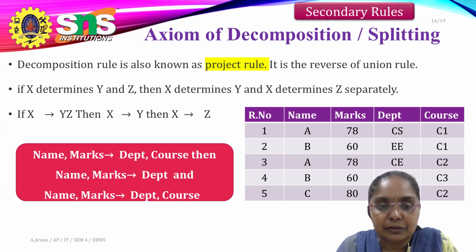Through that, we can separate the RHS part, not the LHS part. For example, name and marks determine department and course. Then name and marks determine department, and name and marks determine course. This is how we split, and this is called decomposition.